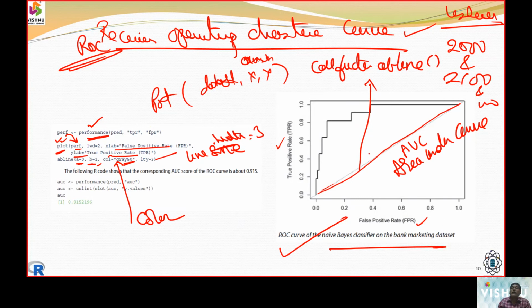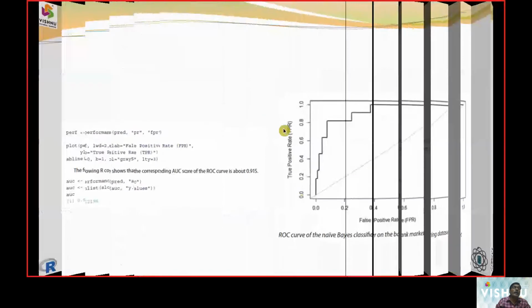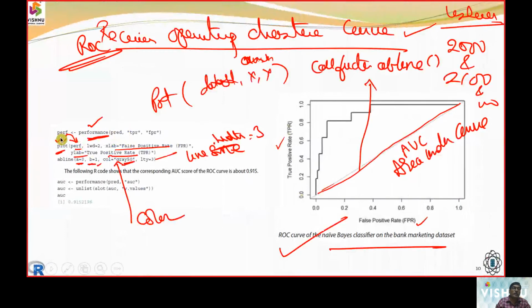So up to now, we have just added an abline. Then we have plotted the true positive rate for the predicted value, and that predicted value was taken as a performance for the ROC, and it has been drawn using the plot function. So where is the ROC occurring?